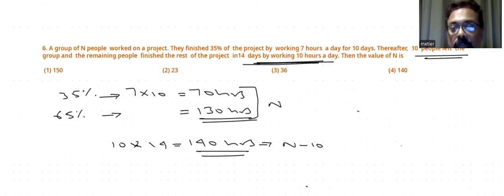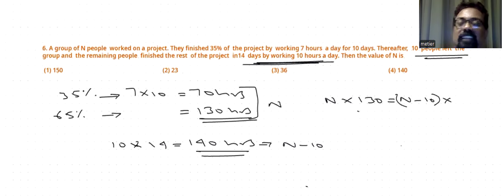Let's go with the group work formula. N people can do the work in 130 hours. N minus 10 people can do it in 140 hours. There is no need of calculation. Your observation should be very good here. Check it: 130 to 140 is a 10 increase, and n to n minus 10 is a 10 decrease. So obviously this has to be 140, this has to be 130. So our answer is 140.